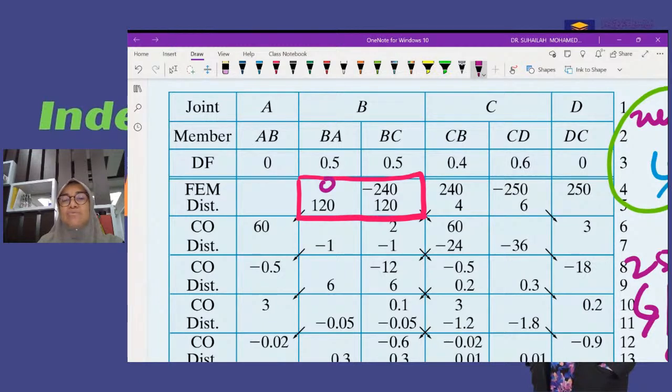This negative 240, because we transform this as joint moment, and joint moment is opposite with member end moment, so after we multiply with the distribution factor, we get positive and positive. Okay, it is actually like this.